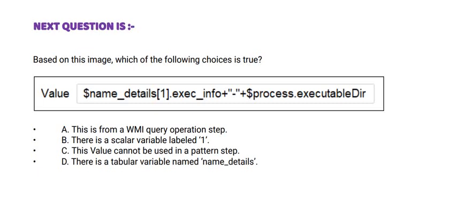Option C, this value cannot be used in a pattern step. And option D, there is a tabular variable named name details. The correct option is option A.